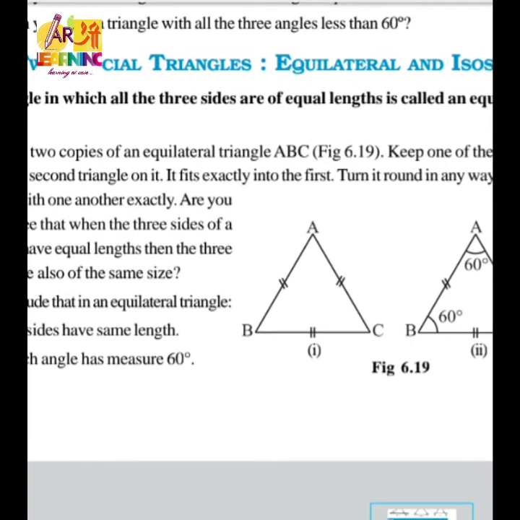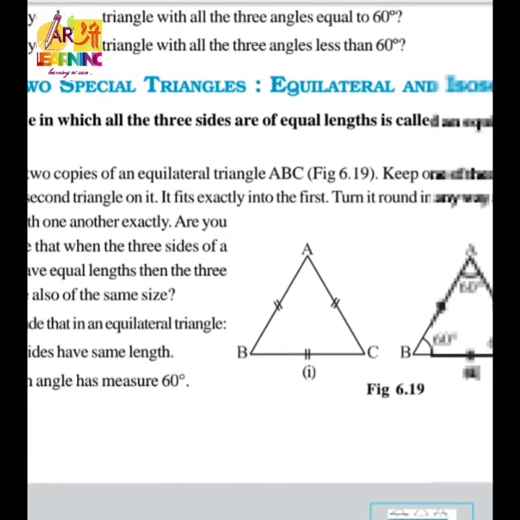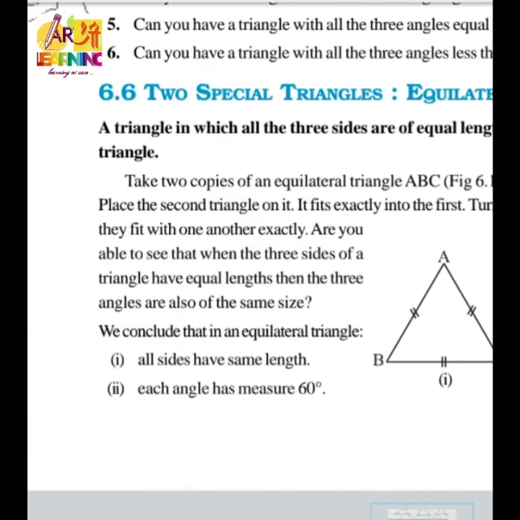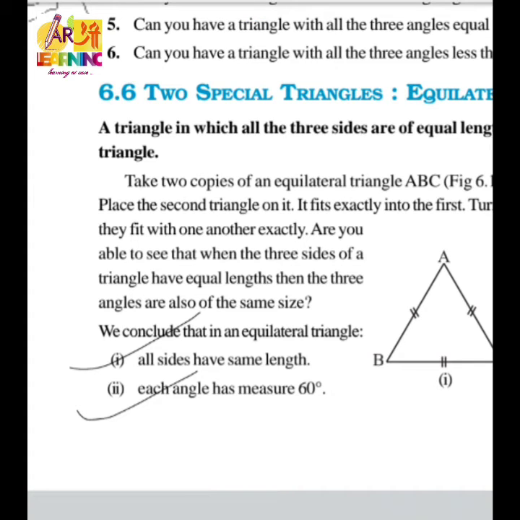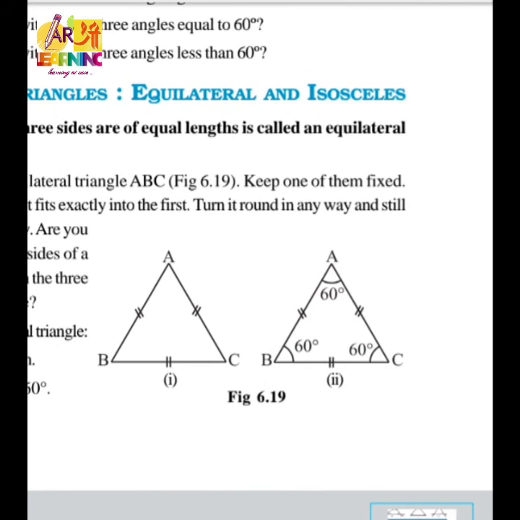An equilateral triangle is the triangle in which all the three sides are of equal length, and each angle has a measure of 60 degrees. The property of a triangle is applicable in equilateral also, in which the sum of three angles is also 180 degrees. So that is the property of an equilateral triangle.